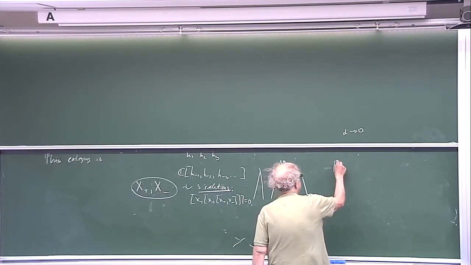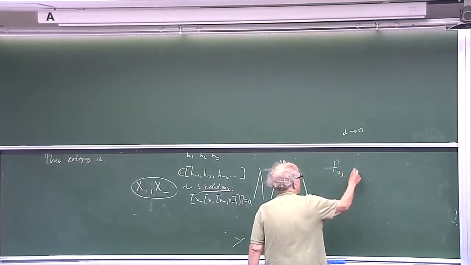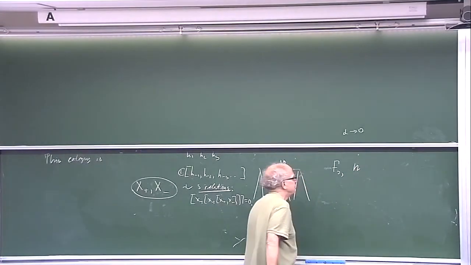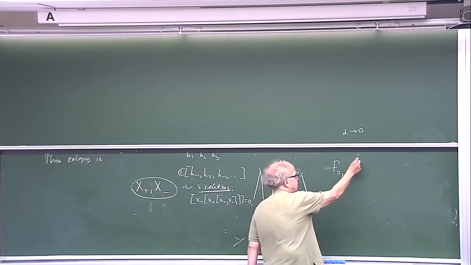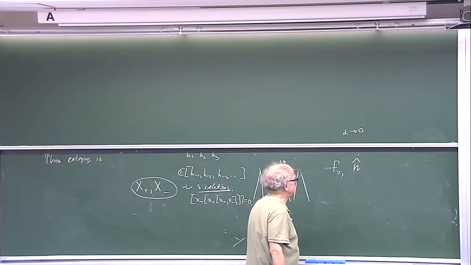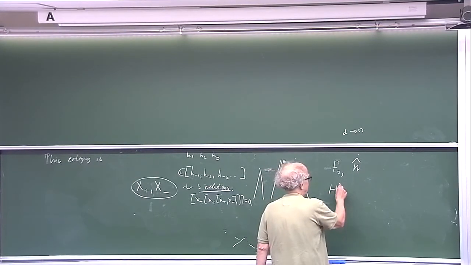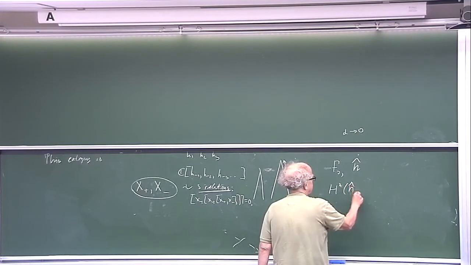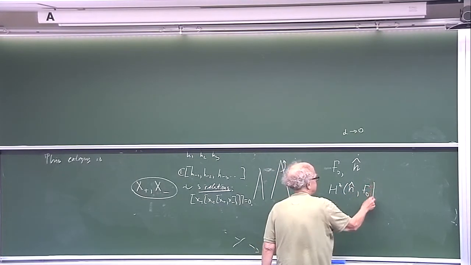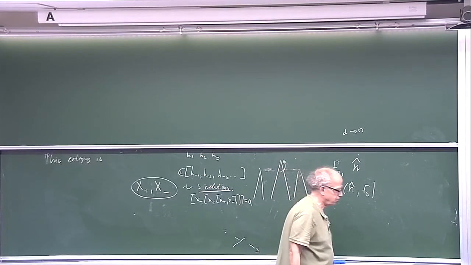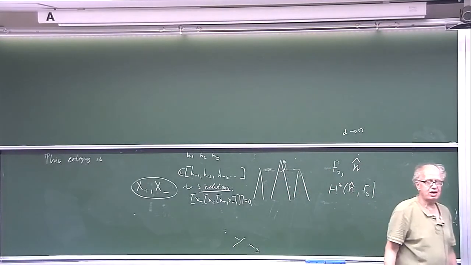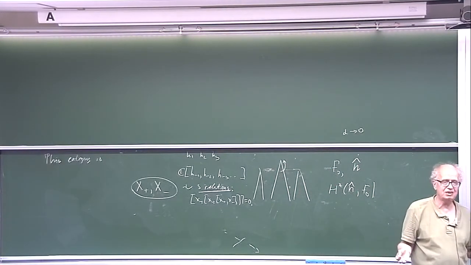In this case it is just F0, where this nilpotent algebra is acting. And if we want to calculate the cohomology of this algebra with such coefficients, we write down precisely the same complex.